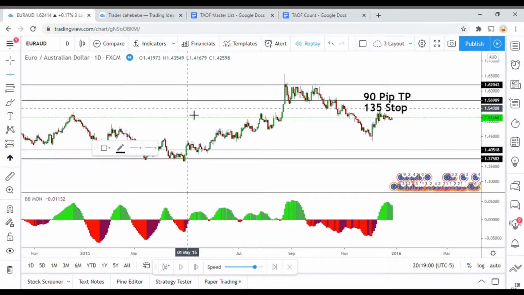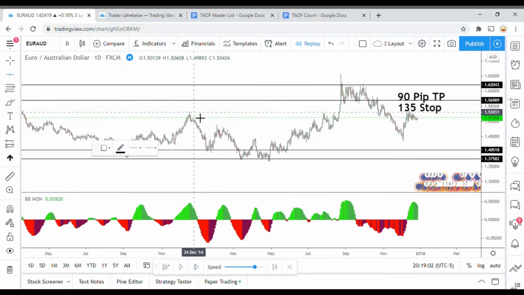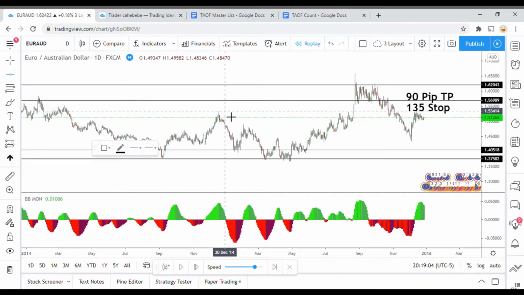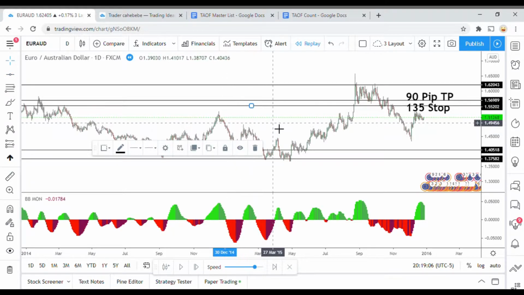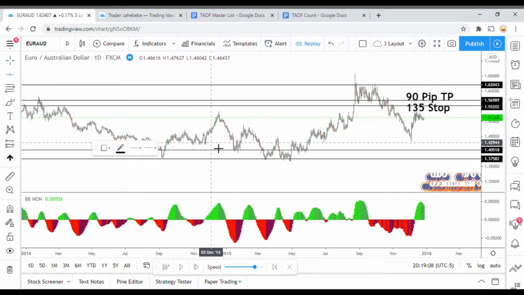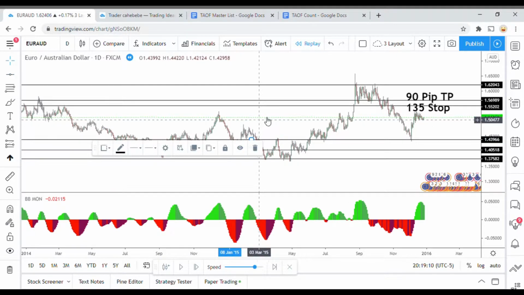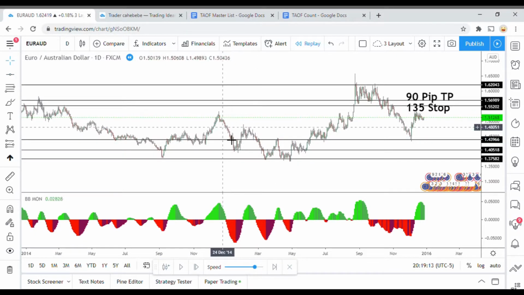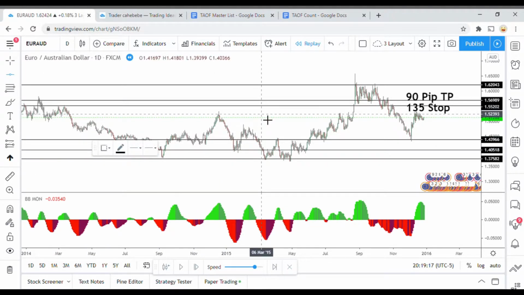You mark those out, and then you just keep following it down, trying to get an idea of where price action may or may not find some kind of level of support and resistance.